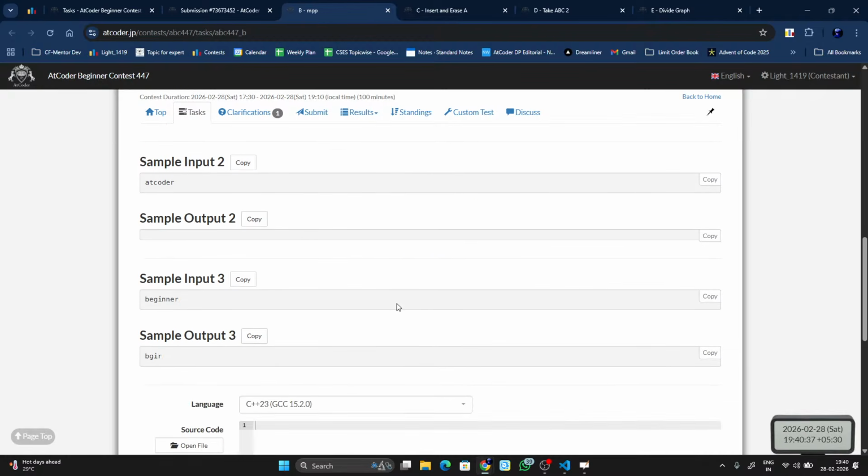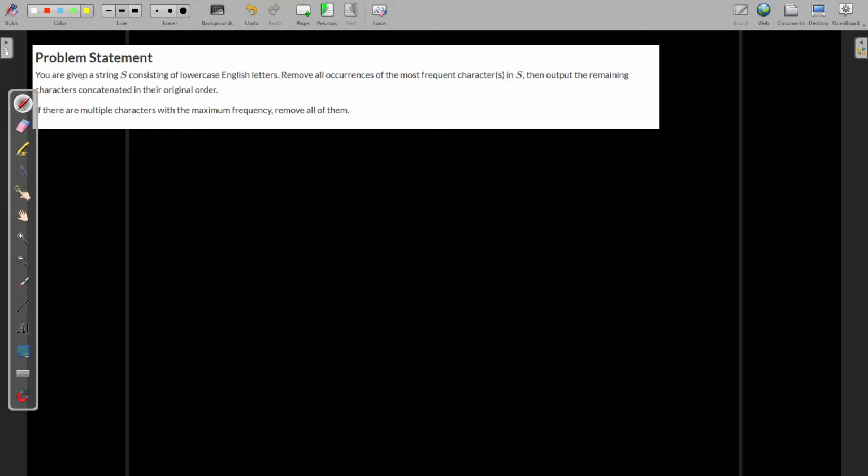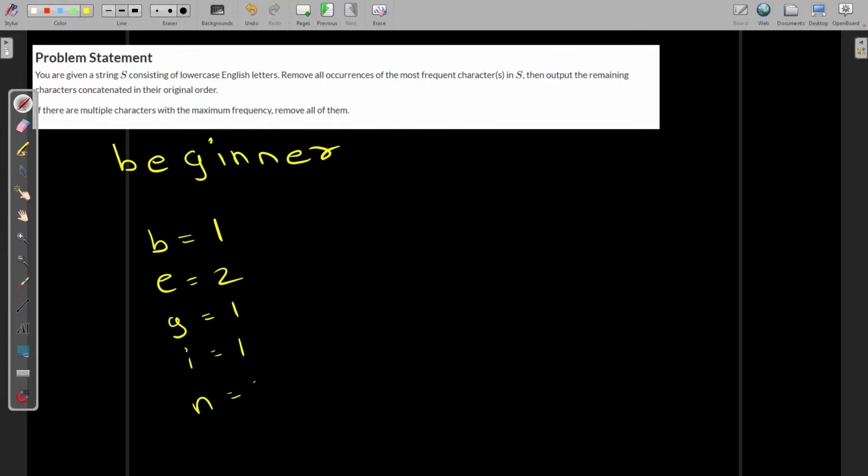We can take beginner. So let's say this is our example string. Now what they said is first count the most frequent characters and remove all characters with the maximum frequency. So let's count the frequency of each of these characters. B is 1, E is twice, G is again 1, I is again 1, N is also twice, R is once.